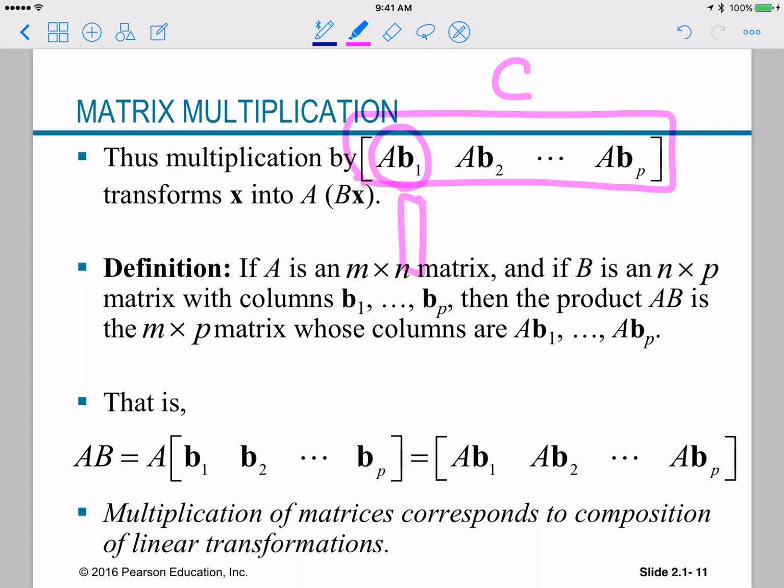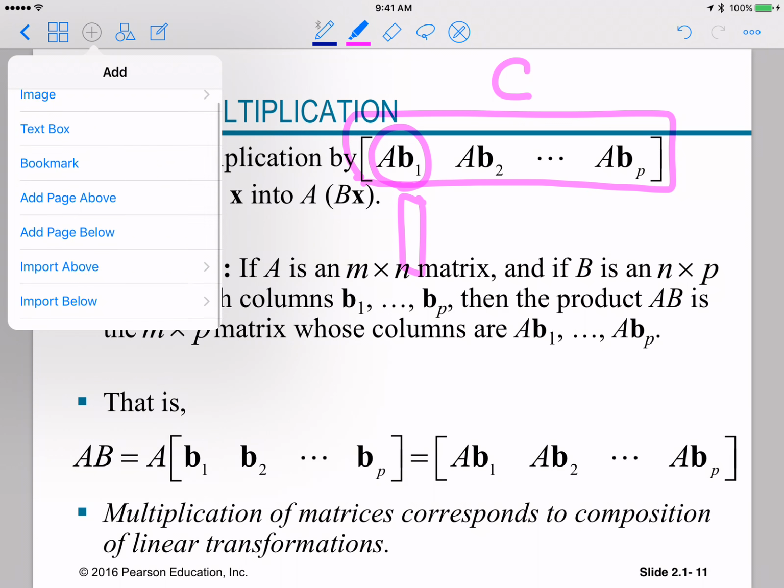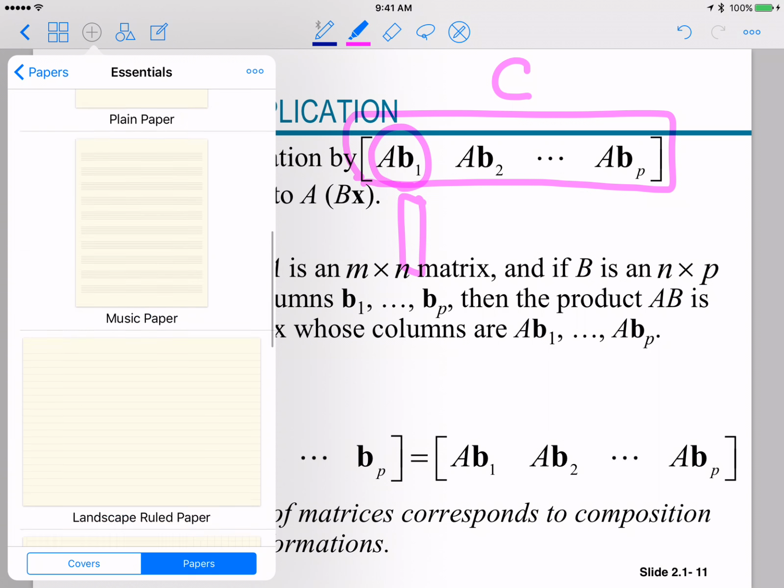So, the standard matrix. In the previous chapter, you probably studied hard.